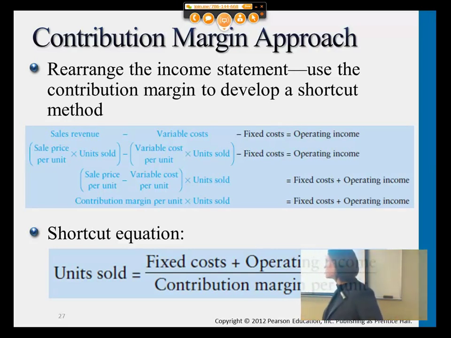When you say contribution margin, it's your contribution margin per unit multiplied by units. So your contribution margin itself covers the fixed cost and operating income. We'll call it that way.